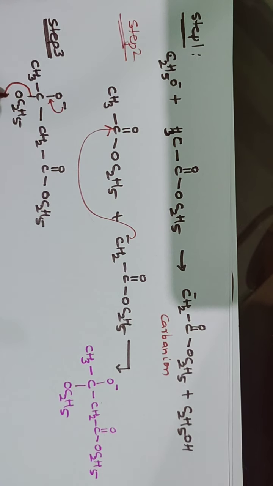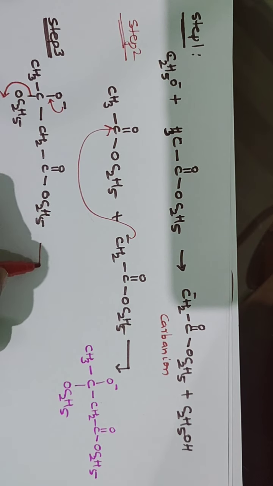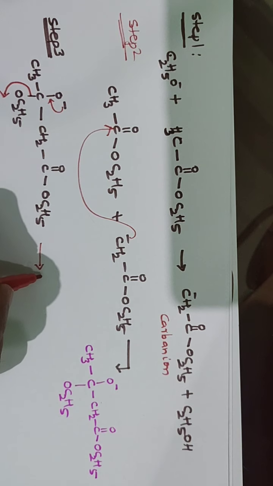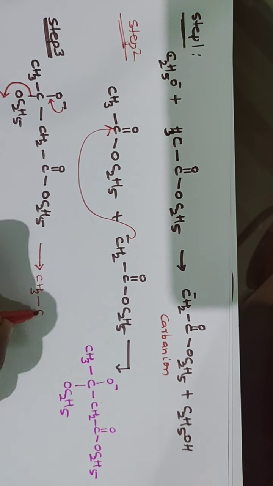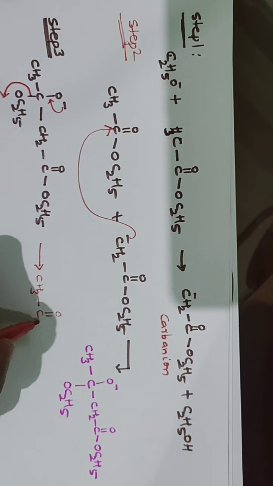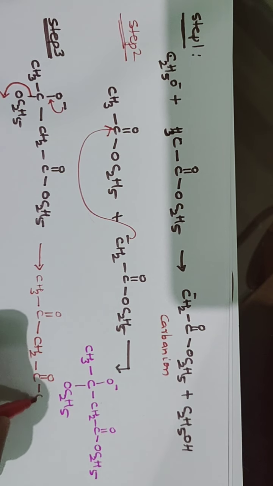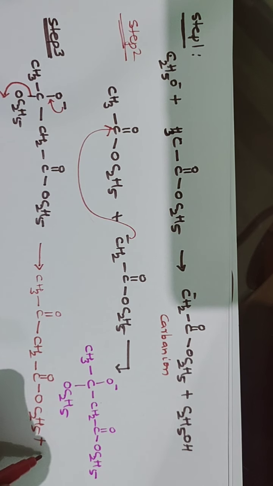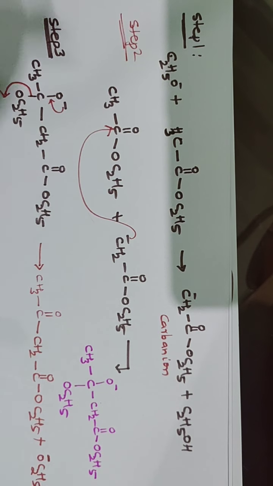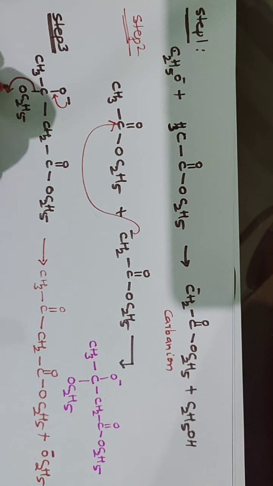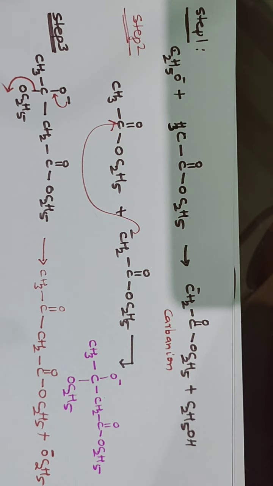This goes off because these are good leaving groups, resulting in the formation of this compound CH3C=O CH2C=O OC2H5 plus OC2H5 minus, because this is going along with the electron, or C2H5O minus is what you can write.